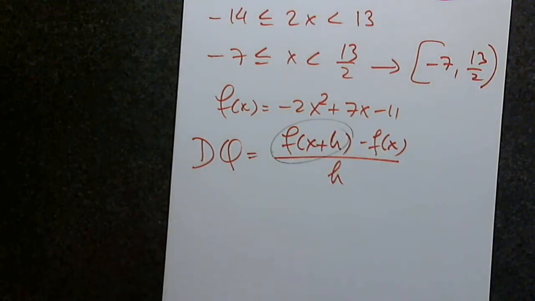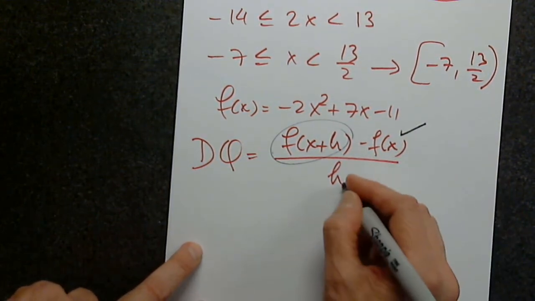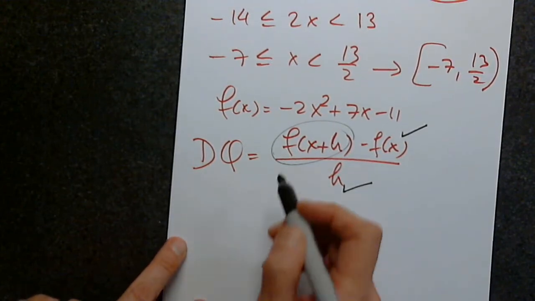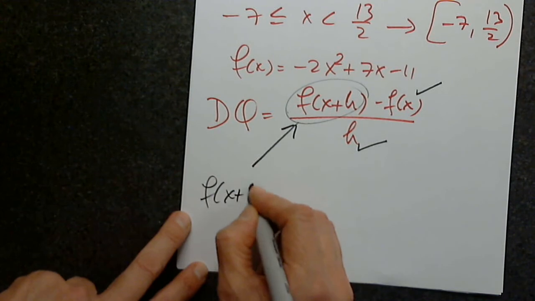This one is what I don't have. This one needs work. That one is not as easy as you think it is. Because x plus h takes the place of x. So there is nothing I can do to this, nothing I can do to this, but this needs work. So how do I find f of x plus h?